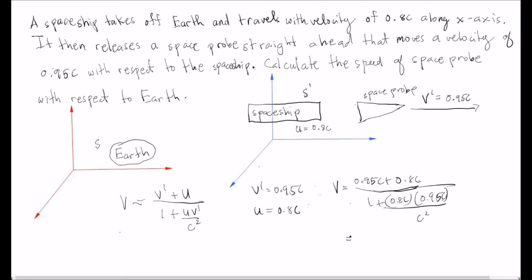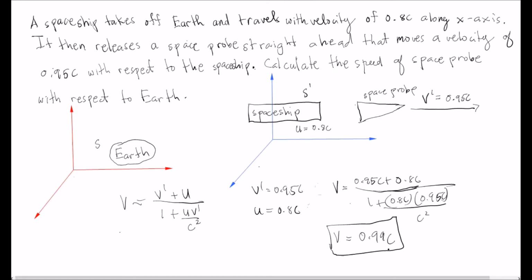So let us calculate the speed of the space probe relative to the rest frame, which is Earth. The speed V of the space probe relative to Earth is 0.99 c. This is correct since the speed is not greater than the speed of light.